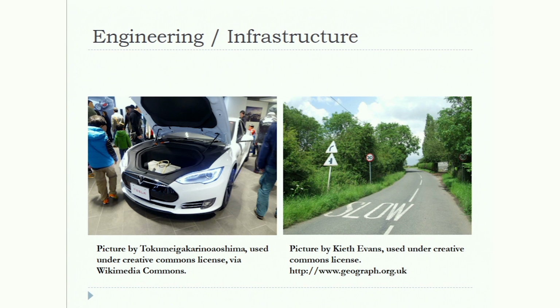So the Tesla, I don't know if many of you have been fortunate enough to see what the hood looks like. It looks like a trunk basically, because there's no combustion engine in there, so it's just empty space. And to me, that's engineering: something that changes the attributes of whatever tool it is that you're building.